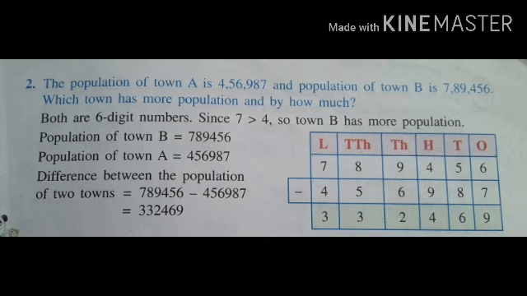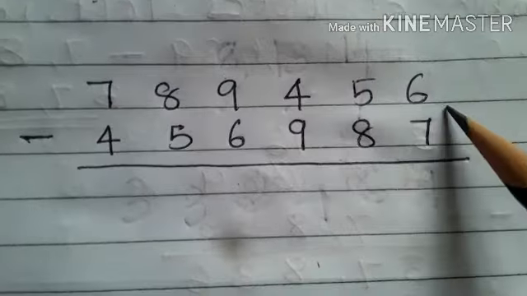Then population of town A is 4,56,987. Then the difference between the population of two towns: subtract these two numbers, we get the solution. The answer is 3,32,469.